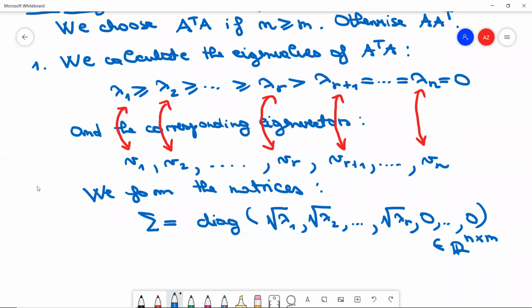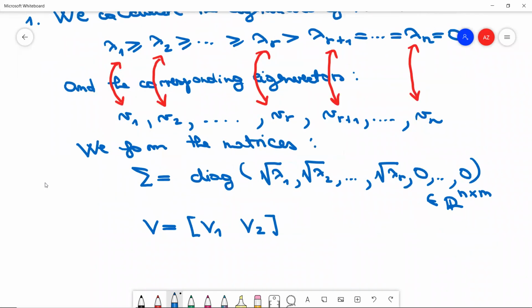And we form V. So V is V1, V2, where V1 is a matrix of those eigenvectors which correspond to non-zero eigenvalues.